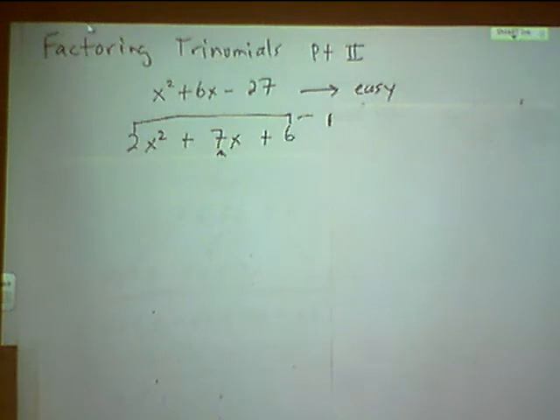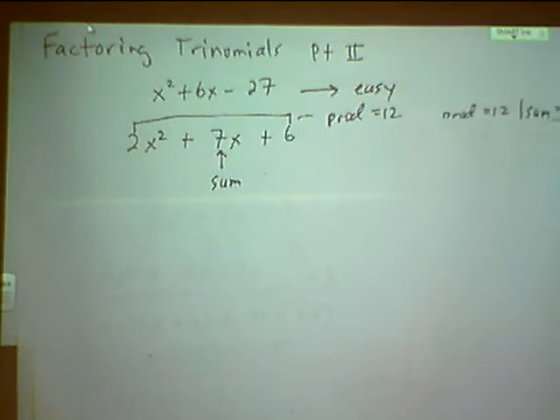Now with both these kinds of trinomials, the first couple steps are the same. You're going to calculate your product, which is going to be the number in front of the squared term times the last number. And then the sum is going to be the number in front of the middle term. So for this second trinomial, the product was 12, 2 times 6, and you can see the sum is 7.